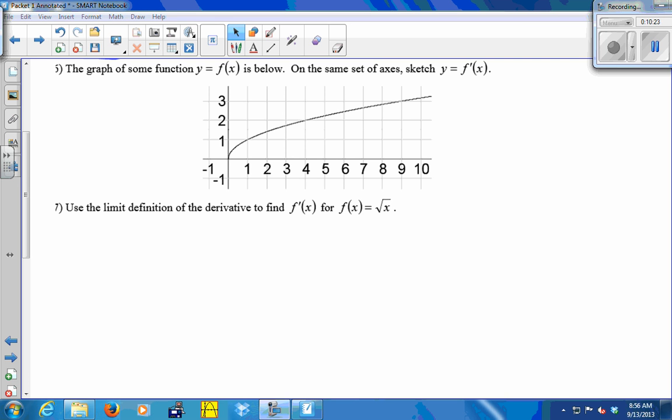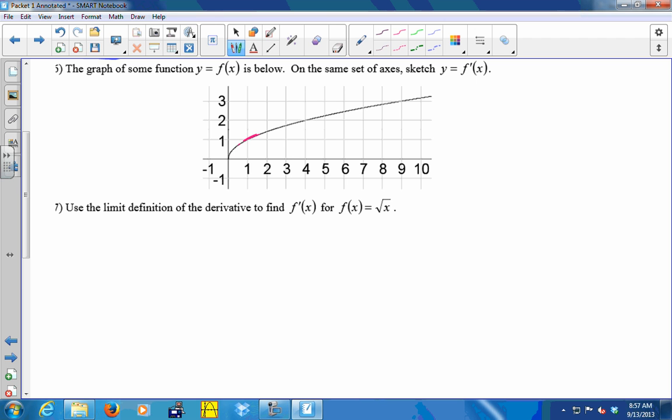Okay, so if we draw a few key tangent lines at a few different x values, that might help us. Near 0, I'll do one here, and here. What happens with the tangent line near 0? It's pretty steep. It's pretty big.